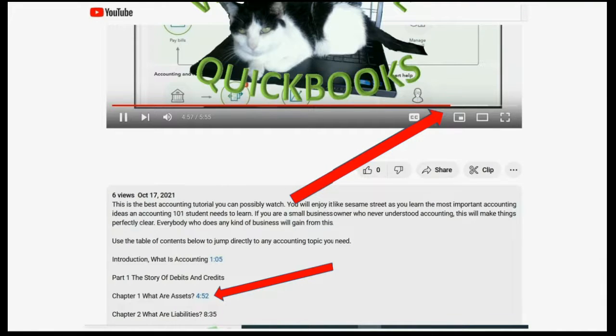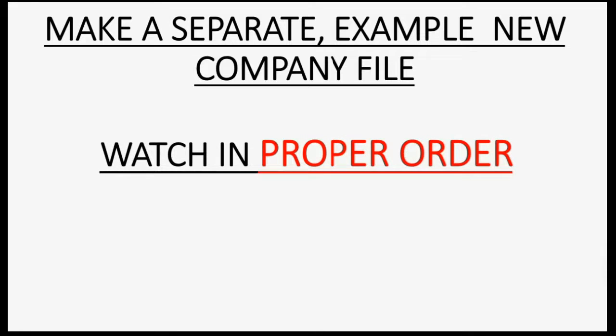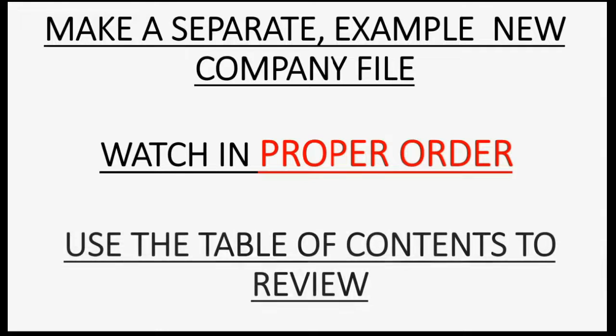It will jump right to the chapter you need if you click on the time index right next to the chapter name. So, go ahead and make a separate example new company file. Watch this video in proper order, at least the first time around, and use the table of contents.